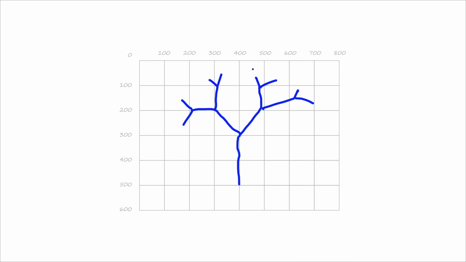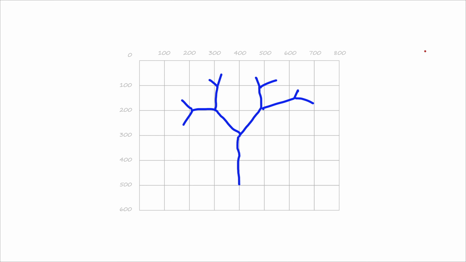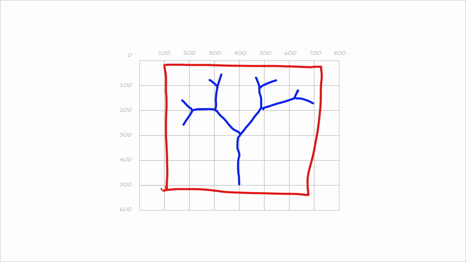Let me choose a different colour to illustrate what I'm trying to say. At one level, this is our whole pattern, that one there. We can call it P or tree or T.